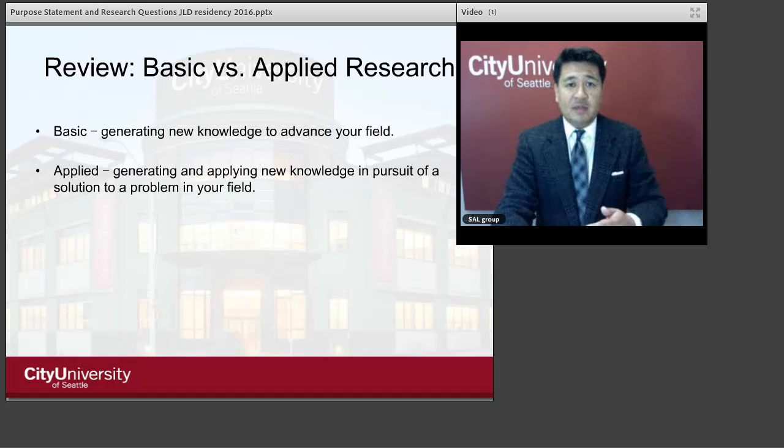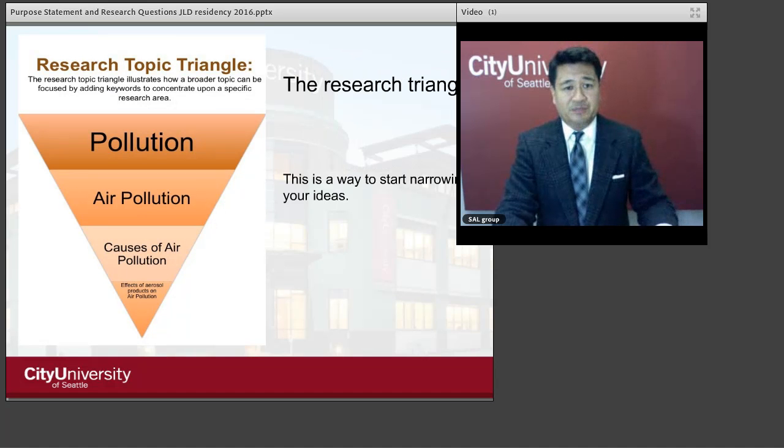Some discussions have talked about the difference between a PhD and an EdD, and simply put, with basic and applied research, one is creating knowledge for knowledge's sake, and the other is utilizing knowledge to solve a problem. It's the application of knowledge that we're interested in, and therefore all our dissertations here at CityU are applied dissertations.